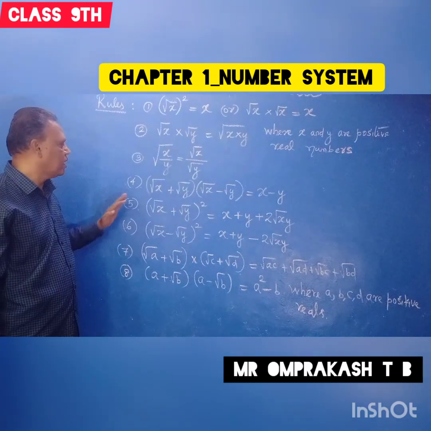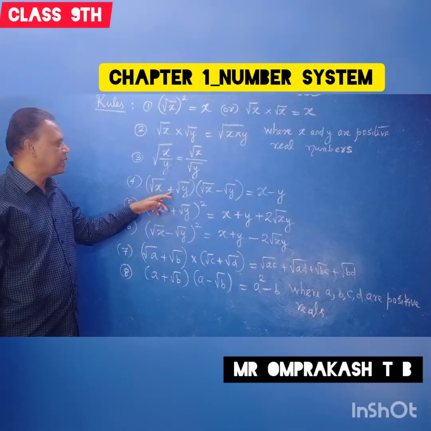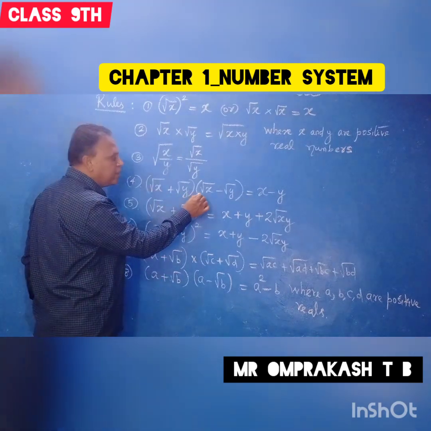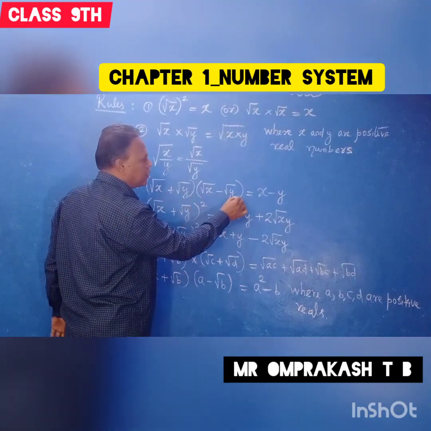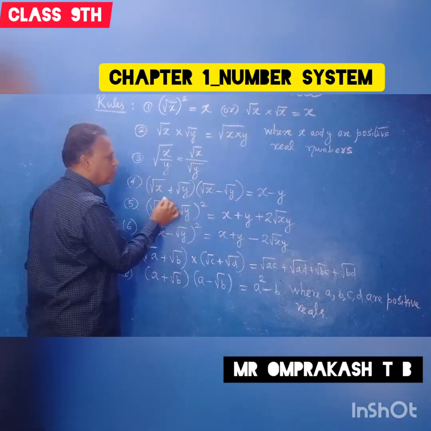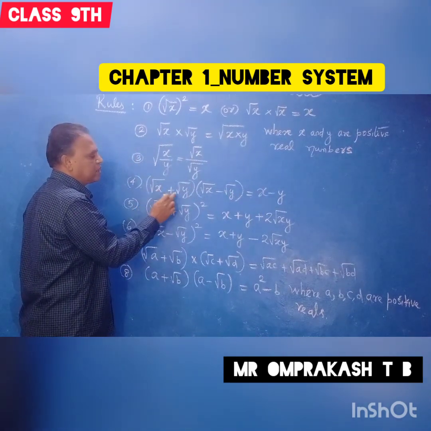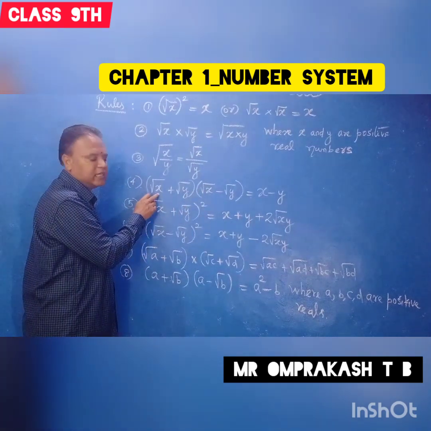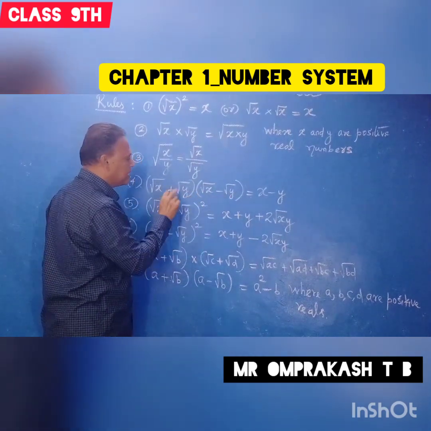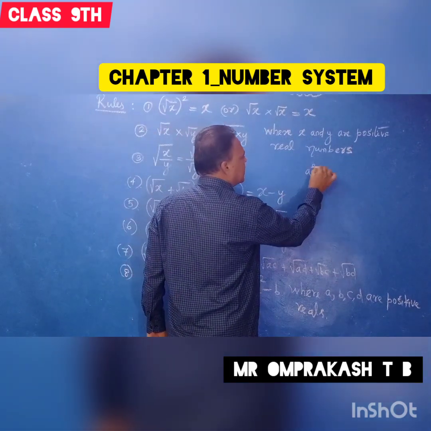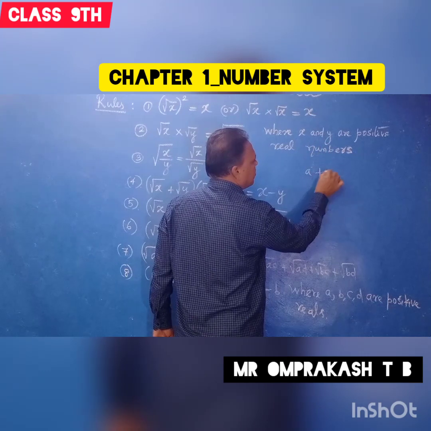Fourth one, root x plus root y into root x minus root y equals x minus y. You see, this is in the form of a plus b into a minus b. Already you know, lower class you studied, a plus b into a minus b is a square minus b square.